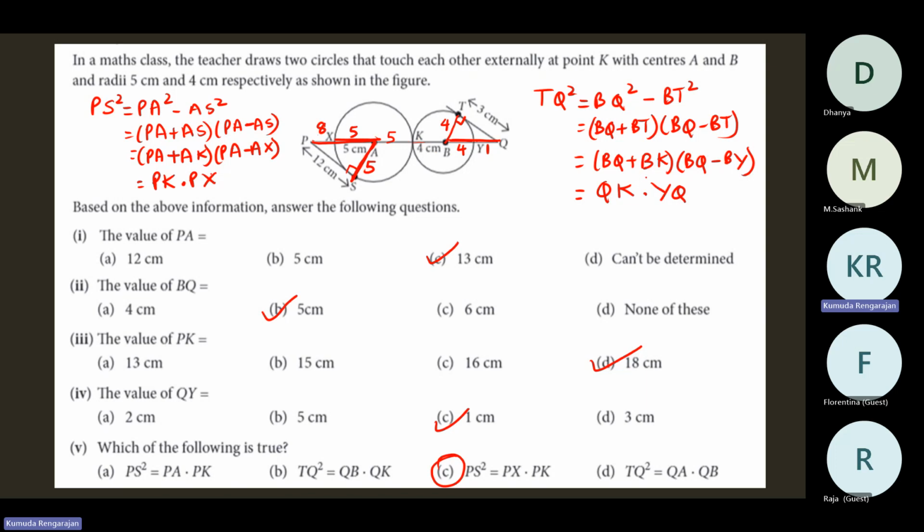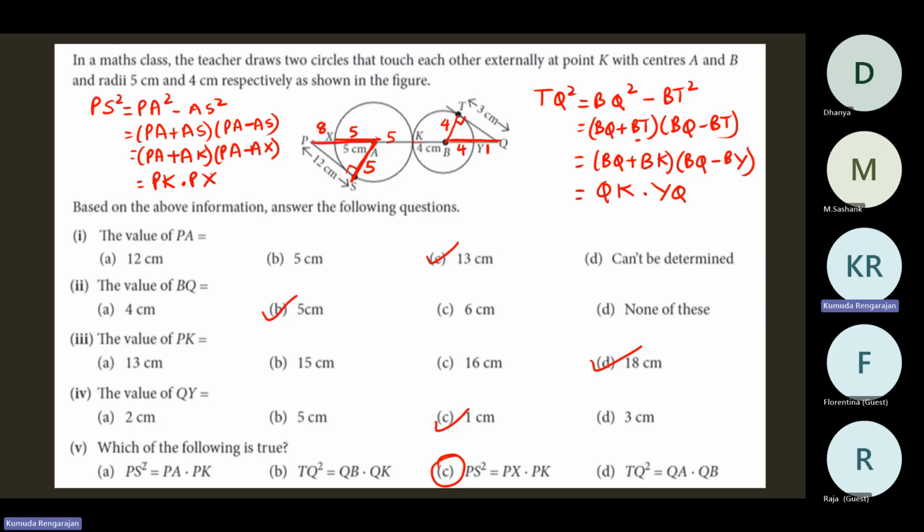So here we write BT as BK, so that BQ plus BK will give us QK. And when it is BQ minus BT, we write BT as BY because it's on BQ, so you can subtract. BY is on BQ, so when you subtract, we'll get the remaining part of BQ, which is YQ.